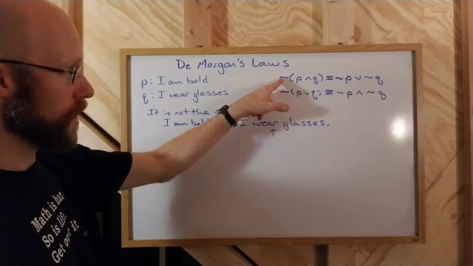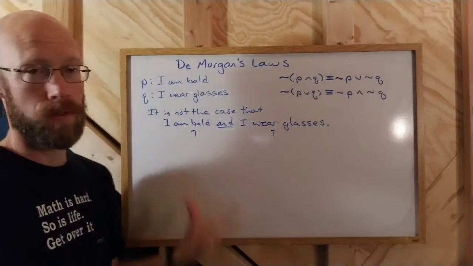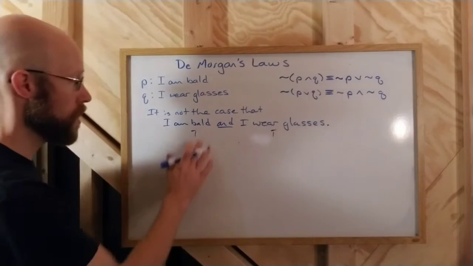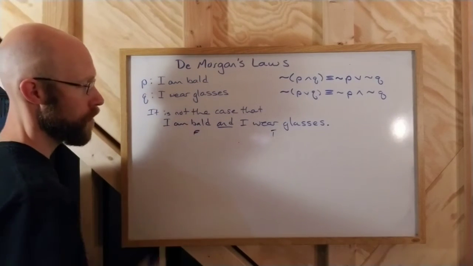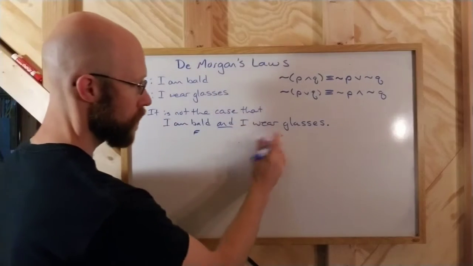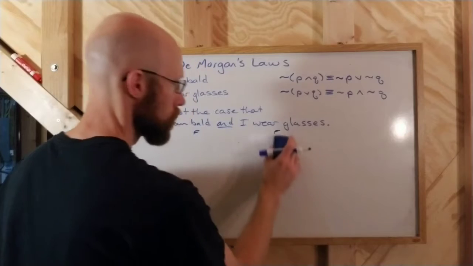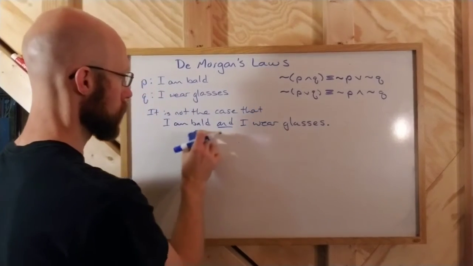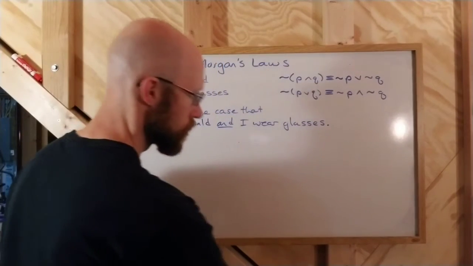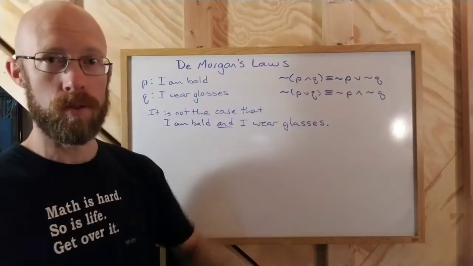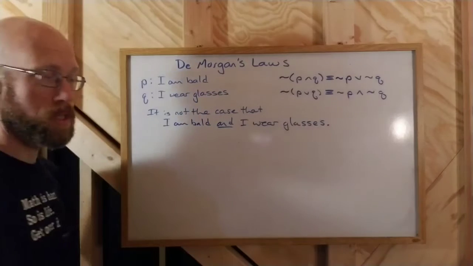If I said it's not the case that both of those are true, then that just means one or the other or both are false, okay? So it's either that one's false, or maybe this one's false, or maybe both. And so that's an either-or. Either one is false or the other is false, which means either one is not true or the other one is not true.